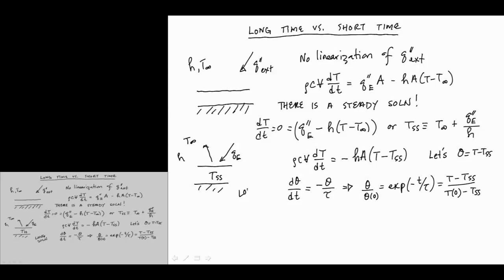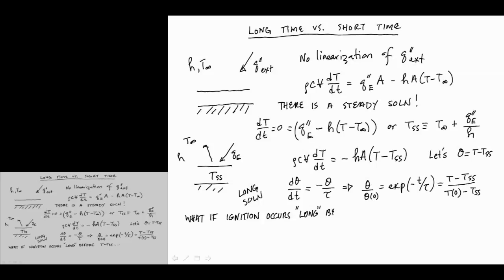But imagine a scenario where we never get anywhere close to T steady state. So what if ignition takes place, in quotes, long before T looks like T steady state?